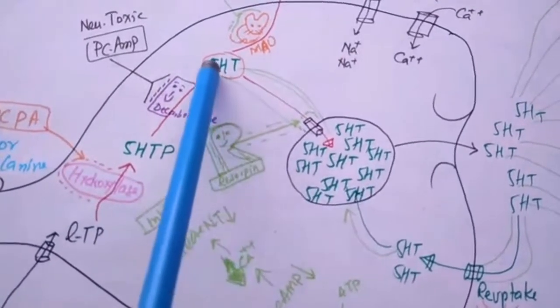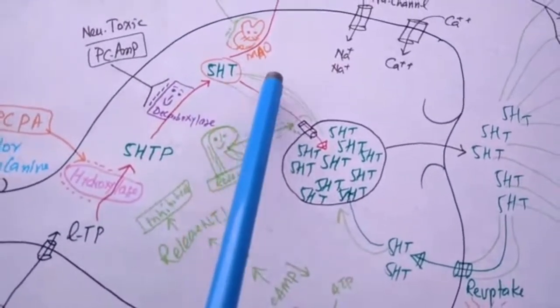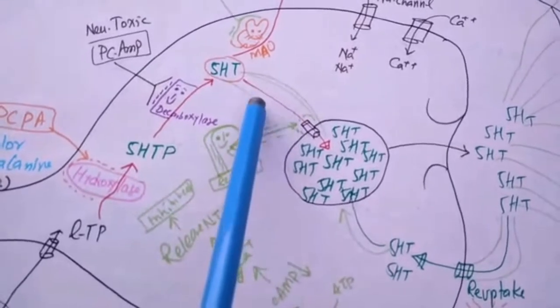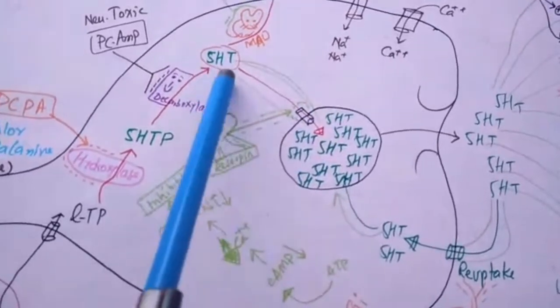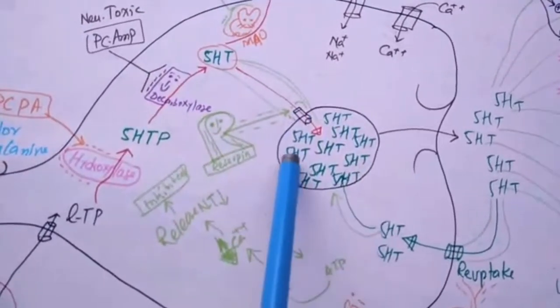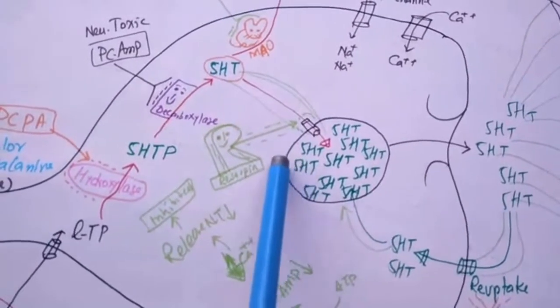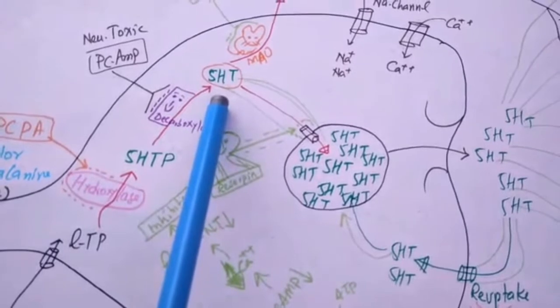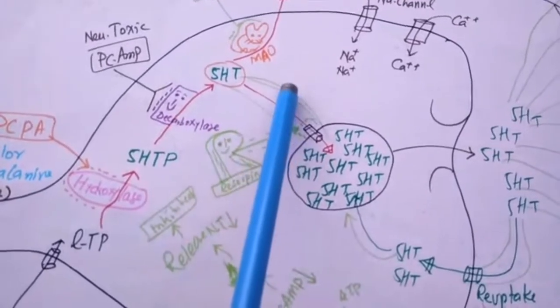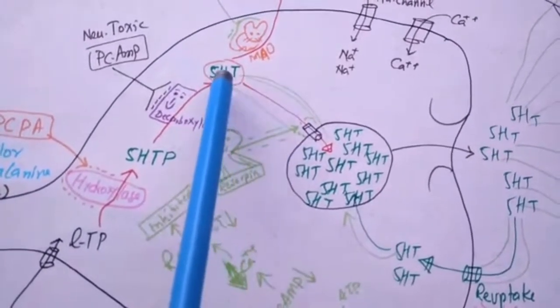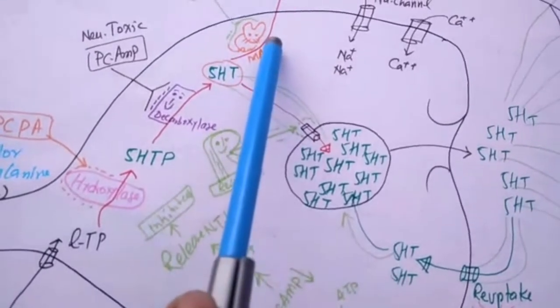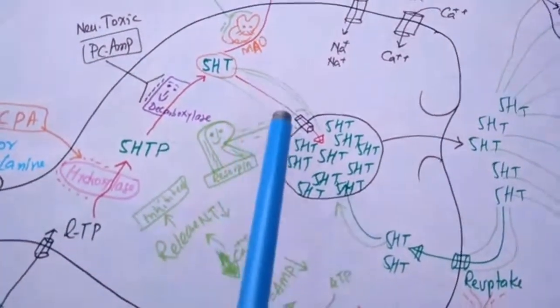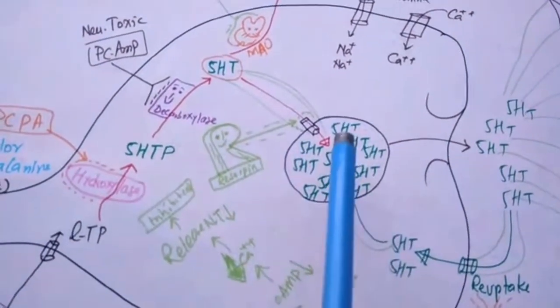The question is why these neurotransmitter autocoids are not free here, but are stored in the vesicle. The answer number one is, in the cytoplasm, 5-HT is metabolized and inactivated, but inside the vesicle, 5-HT is not metabolized.